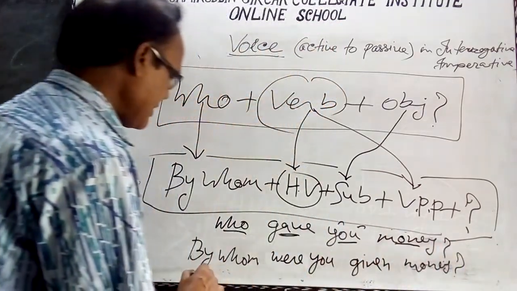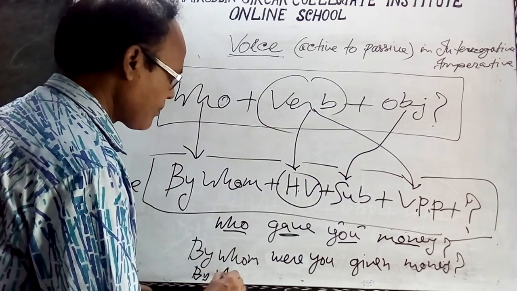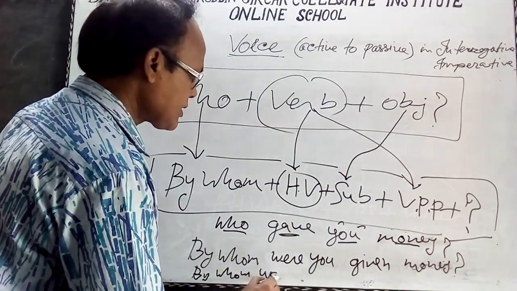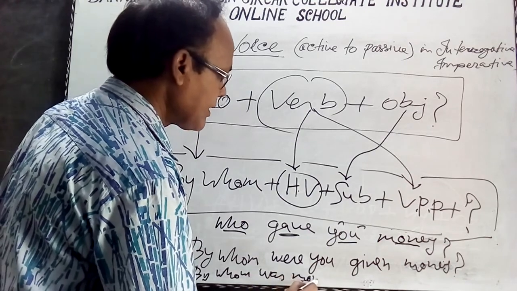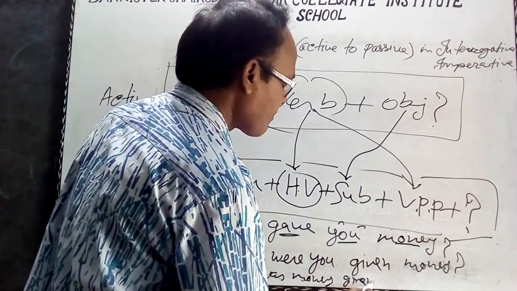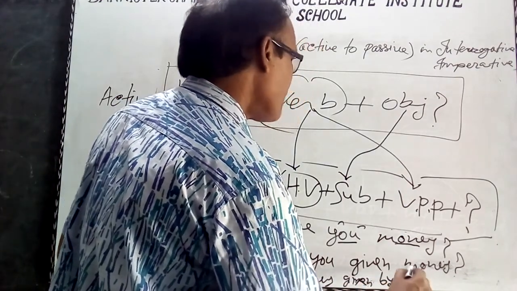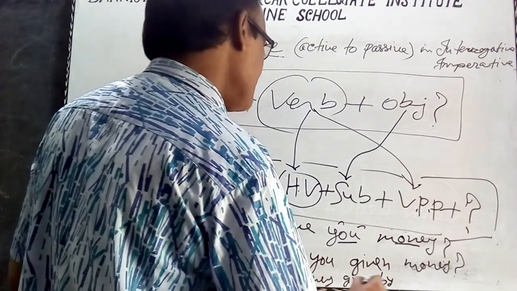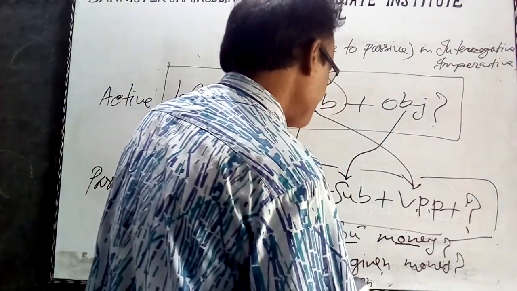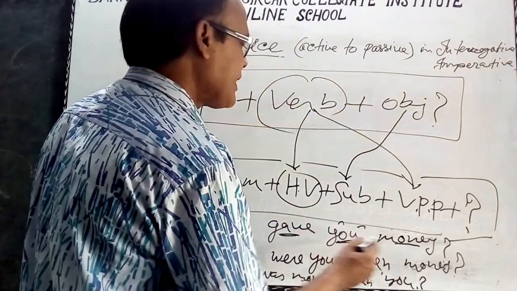Or we can write another form. By whom was money given you. Here there are two objects.